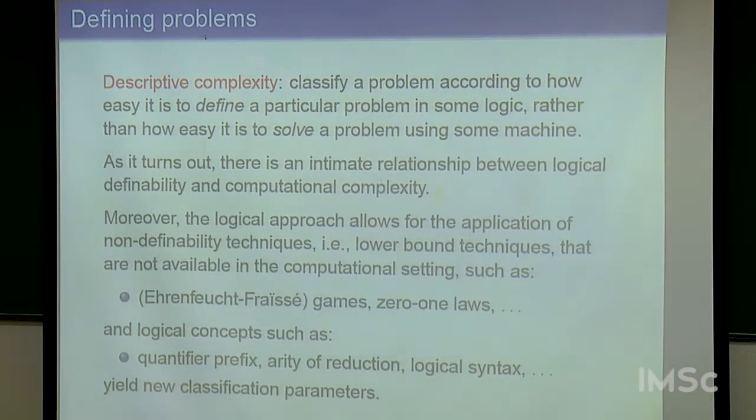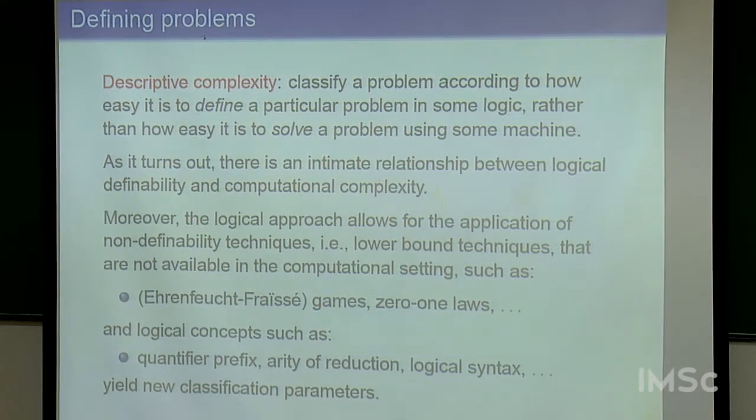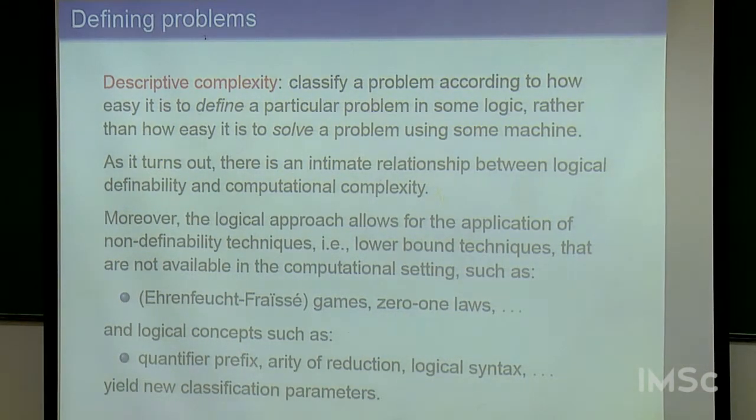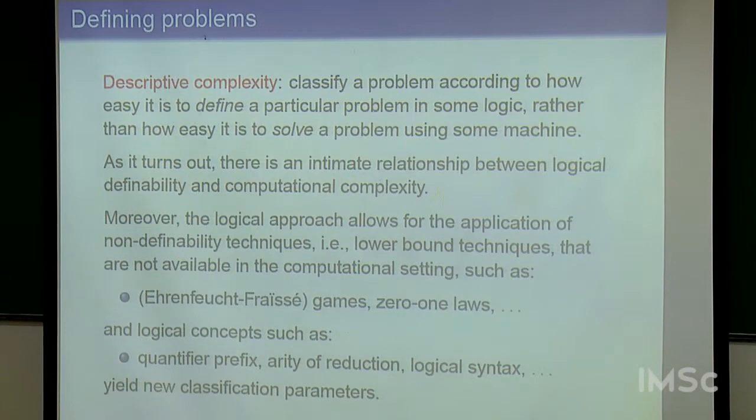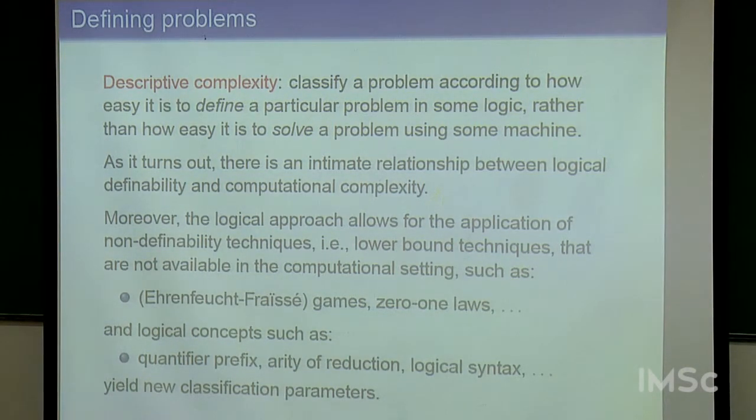And luckily for me, because I spent a lot of my time messing around with these things, there's an intimate relationship between logical definability and traditional computational complexity. Adopting this logical approach gives us extra things to grab hold of. It gives us lower bound or non-definability techniques in terms of logic that don't really arise in the traditional setting: games, Ehrenfeucht-Fraïssé games, 0-1 laws and such like.